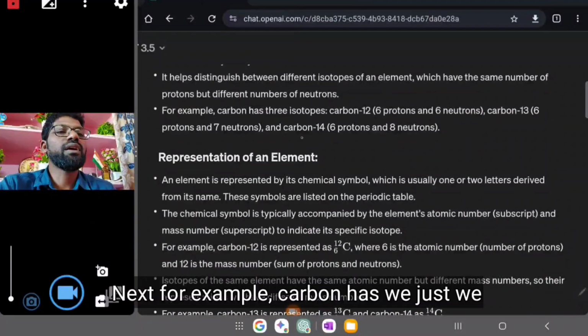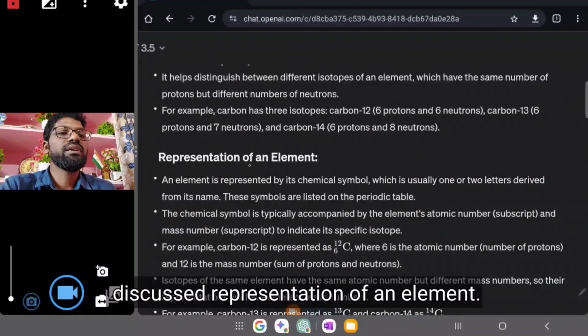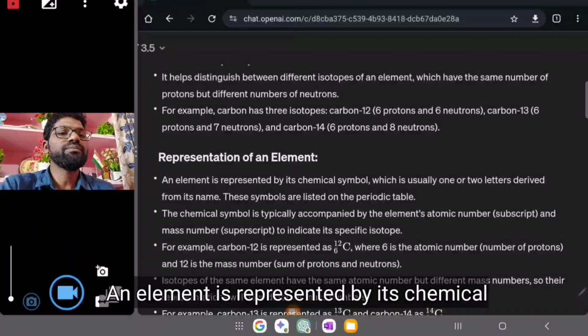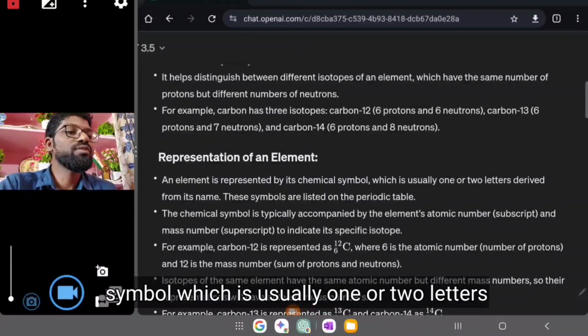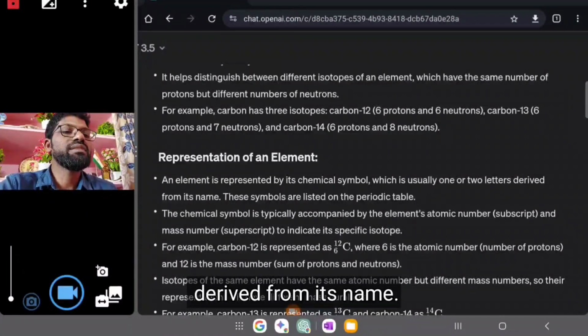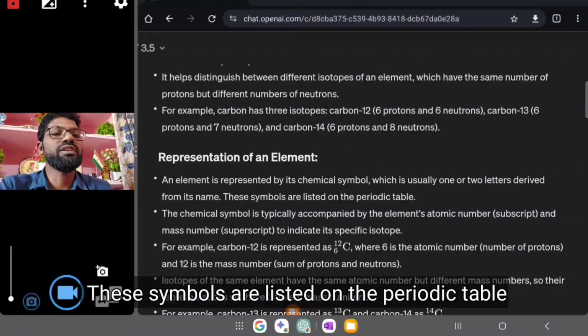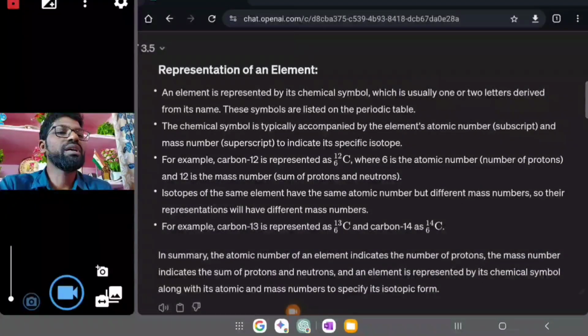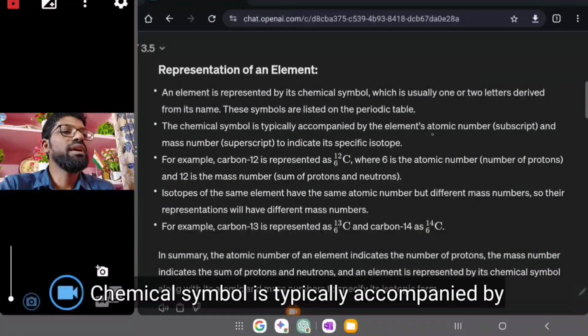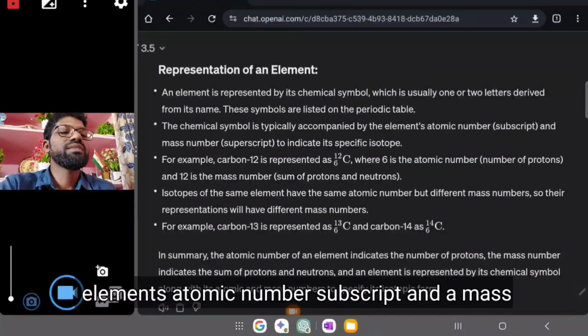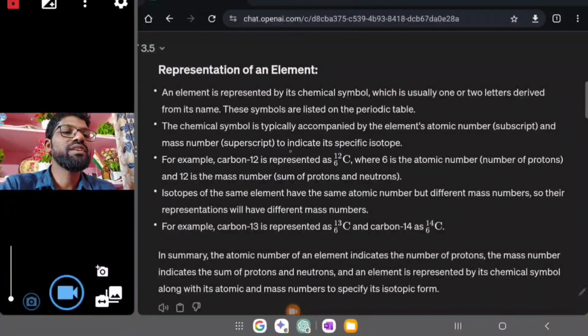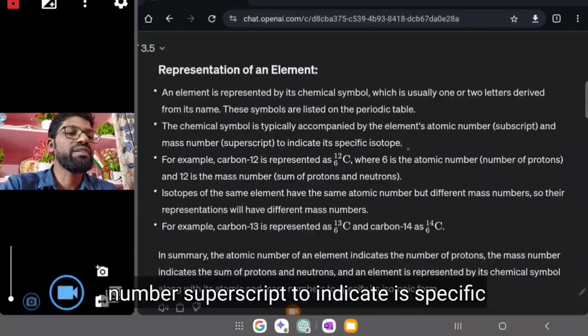Next, we discussed representation of an element. An element is represented by its chemical symbol, which is usually 1 or 2 letters derived from its name. These symbols are listed on the periodic table. The chemical symbol is typically accompanied by the element's atomic number, subscript, and a mass number, superscript, to indicate its specific isotope.